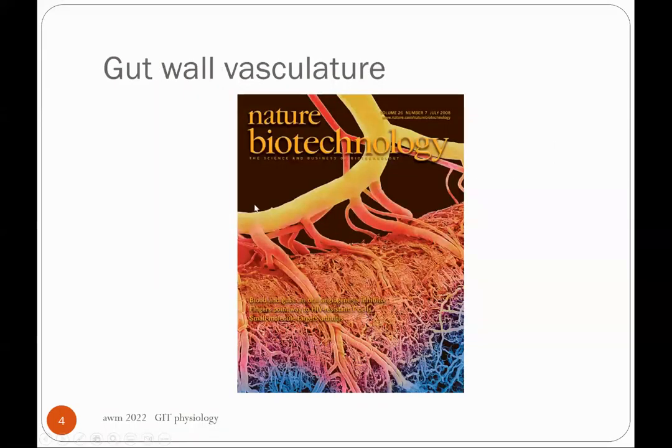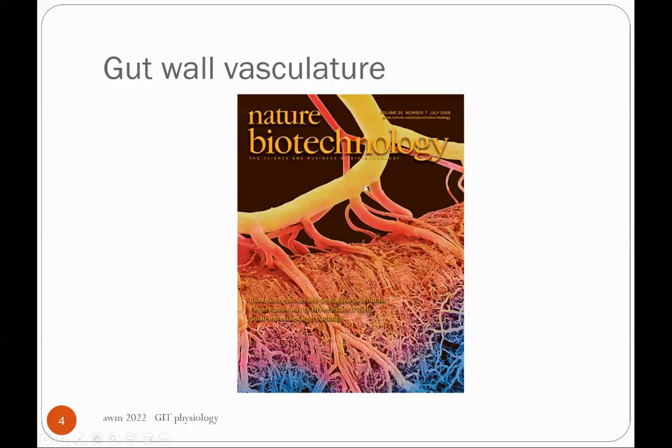Now, I always believe that a picture probably says more than 1,000 words. And this is a resin cast that was made of an arteriole bringing blood to the gut wall. So obviously this is now via the mesentery, and you can see the blood vessels here. You've got different calibers, but I think this is the level of the arteriole.